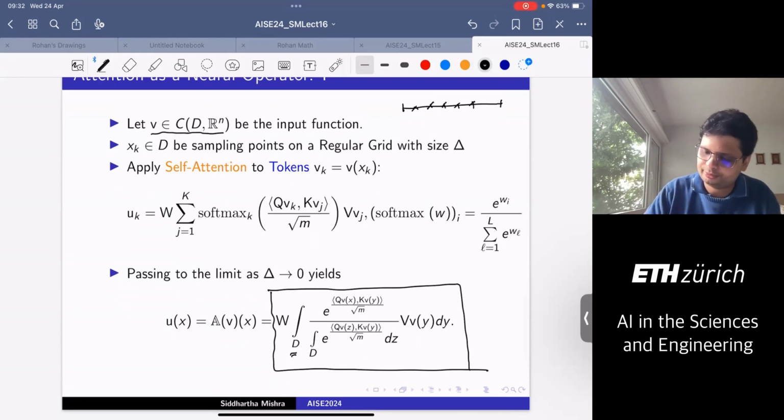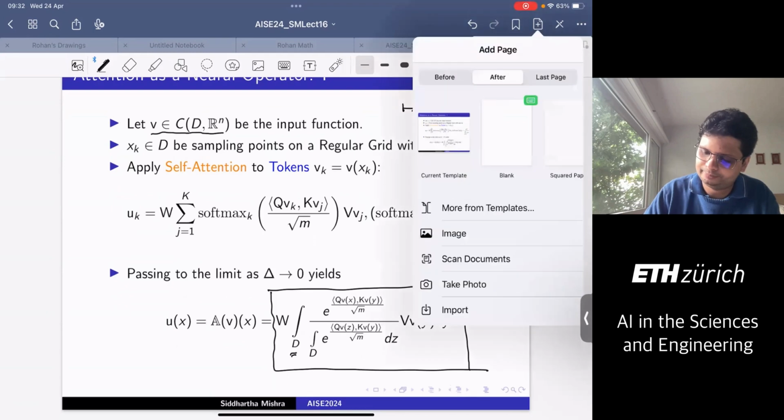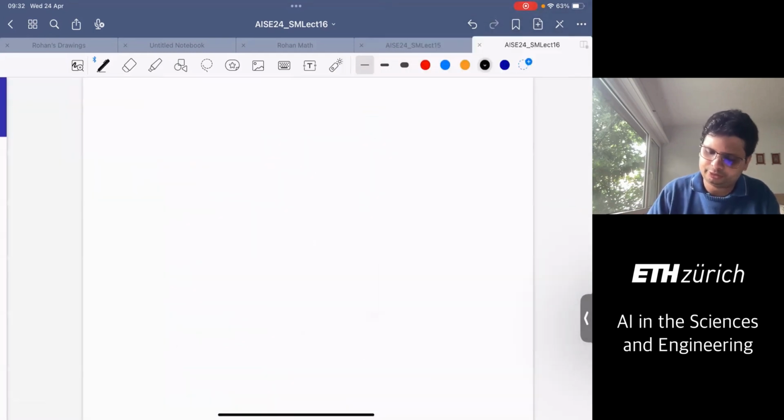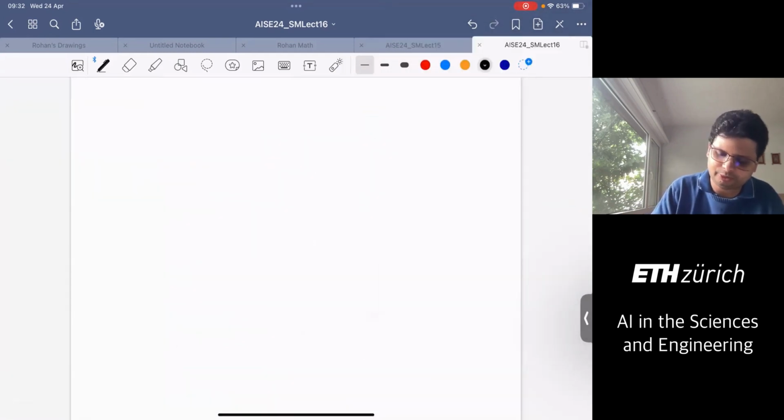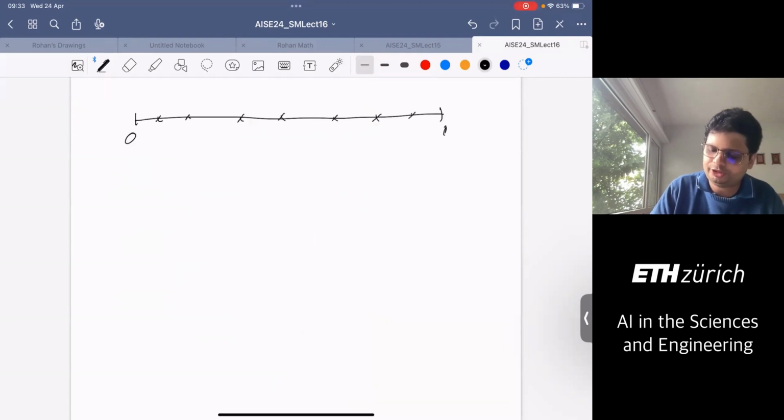How do I do this? Maybe again, I had blank paper. So let's for simplicity do it like this. You have 0 to 1, let's say, and you have a fixed number of points that you have discretized in. At each of these points, let's take 3 of these, right?